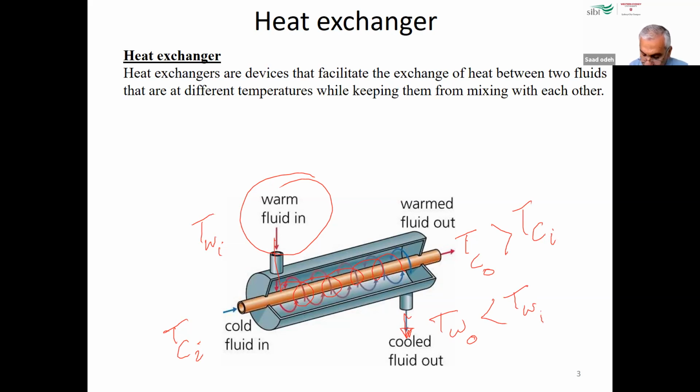We lose heat from the warm fluid, and this heat is gained by the cold fluid. So the temperature will drop down. Okay, so that's the definition of the heat exchanger.